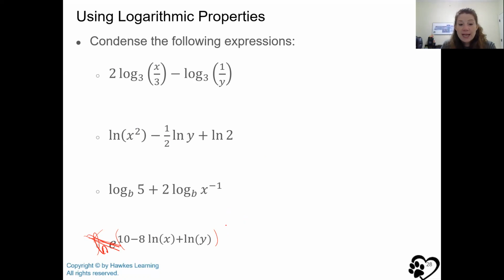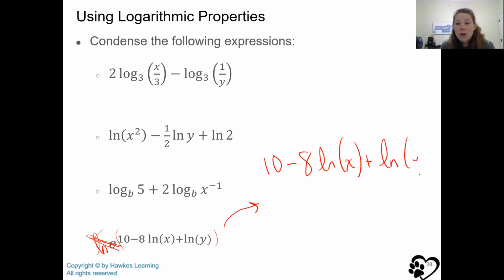So we get to bring down as whole numbers 10 minus 8 ln of x plus the ln of y. All right, 10 is a whole number, so it's going to stay a whole number. Now, what are we going to do with this plus symbol? Well, we're going to multiply.